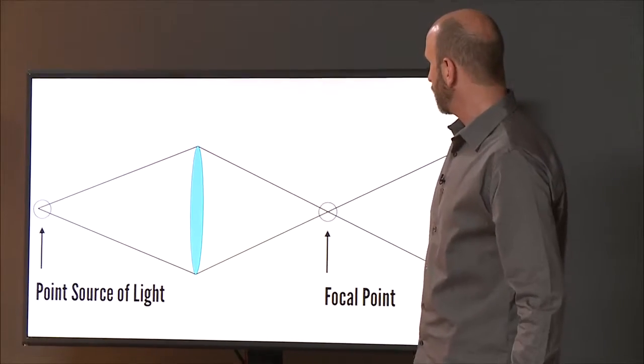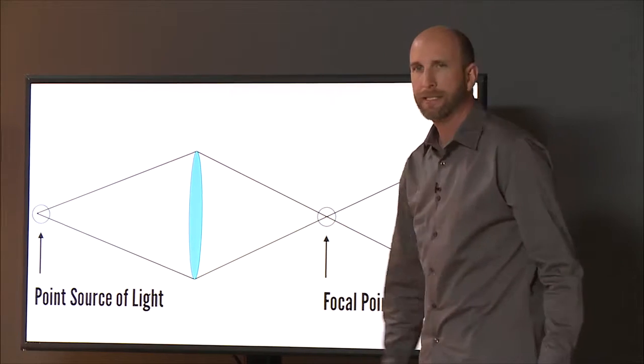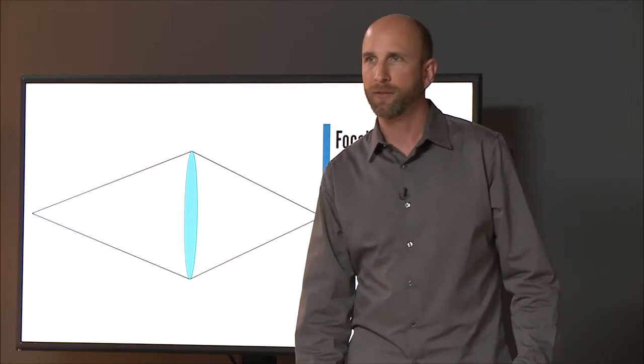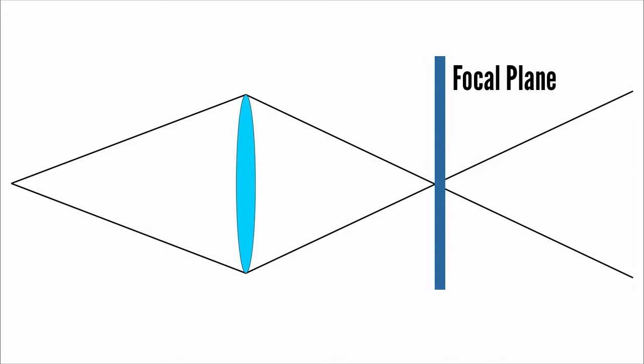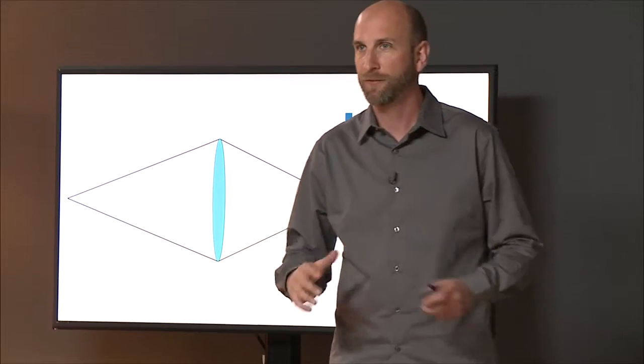And so what we want is this focal point to hit what is called our plane of focus, our focal plane. The focal plane is our sensor in our camera, or the film, if we had film. So what we want to do is we want to have this focused on that. That's how we achieve focus. That's how focus works.